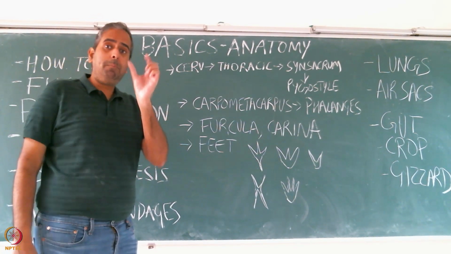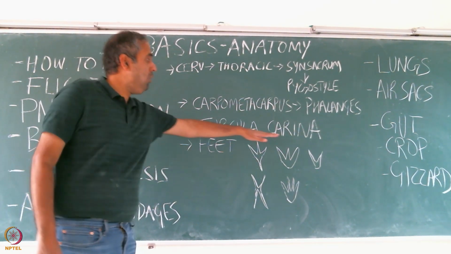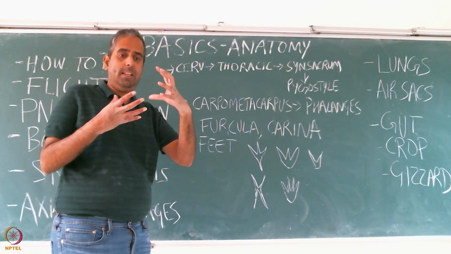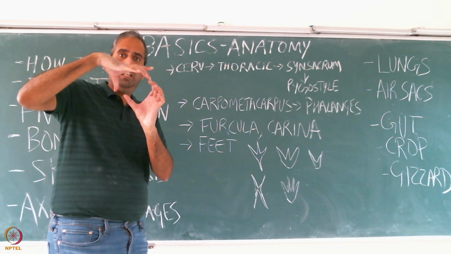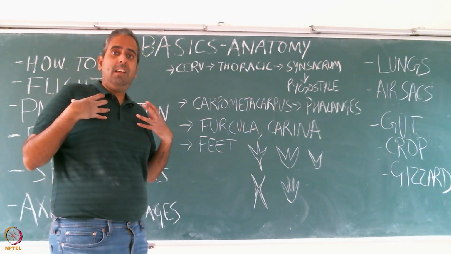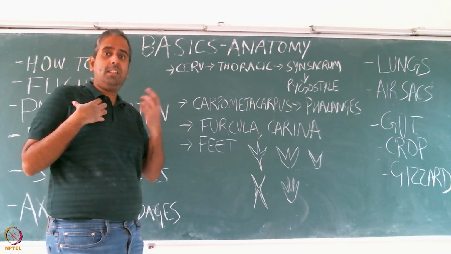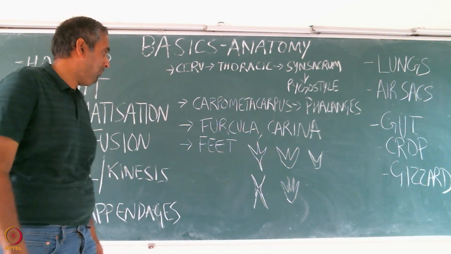Like the small hummingbirds that have very powerful flight muscles have huge carinas relative to their body size. In some hummingbirds, the whole bird is that big and the carina is that big. Okay? So it can be really big to power these huge muscles. Whereas in an emu or anything that has lost the power of flight, it becomes very small and highly reduced.